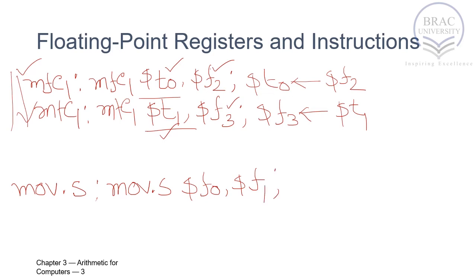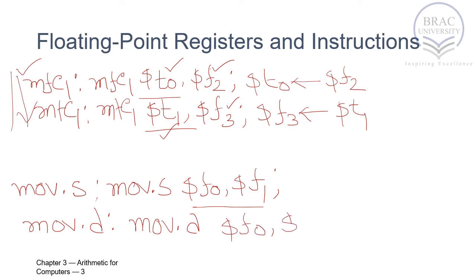What this does is move single precision data between two floating point registers. And move dot d, here f0, let's say f2. In this case it moves double precision data between coprocessor registers.